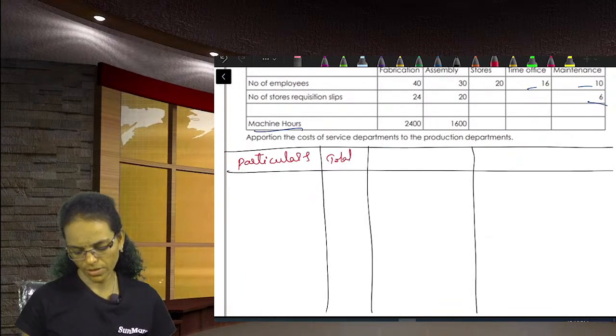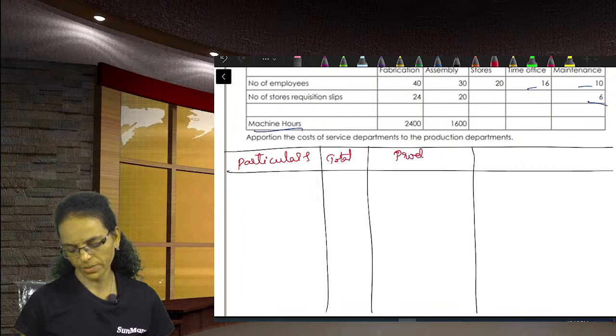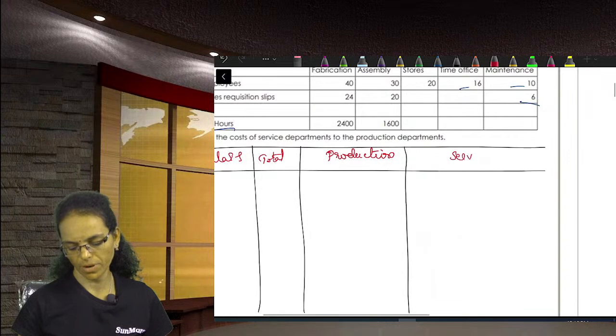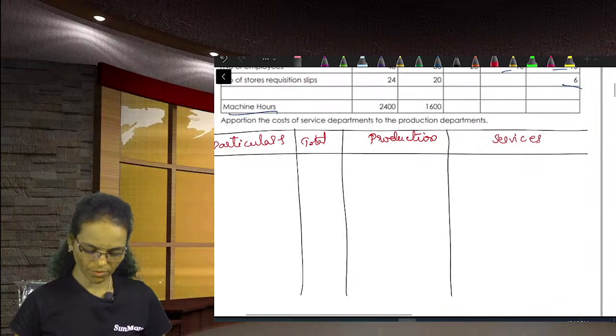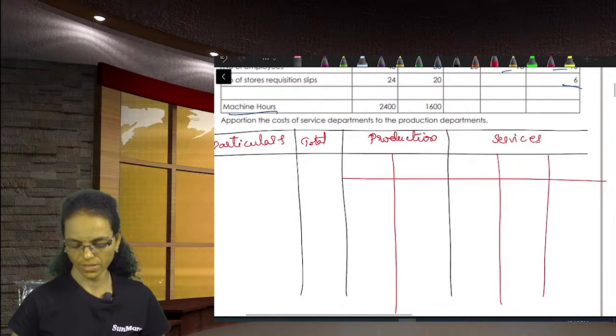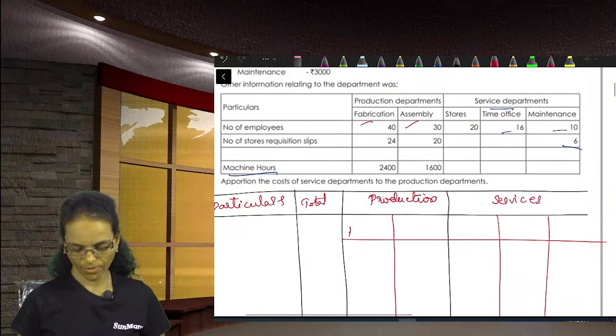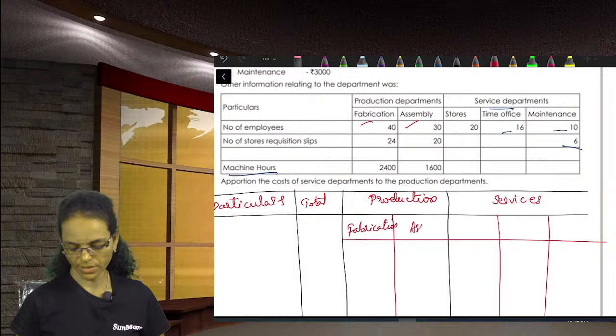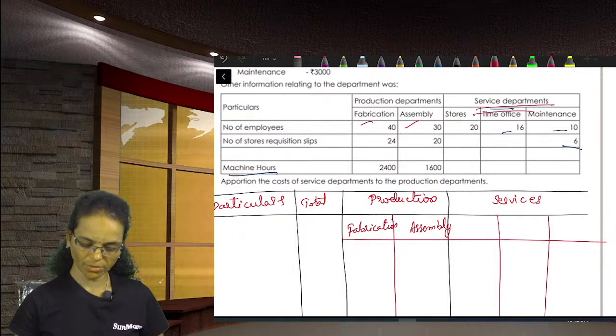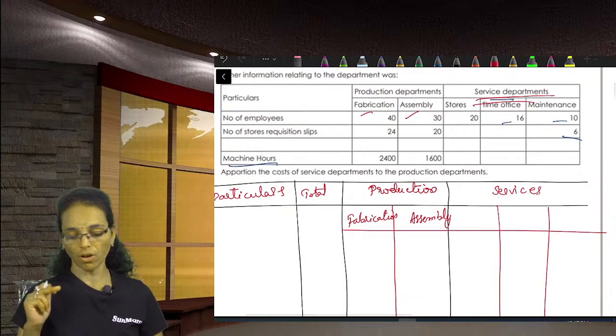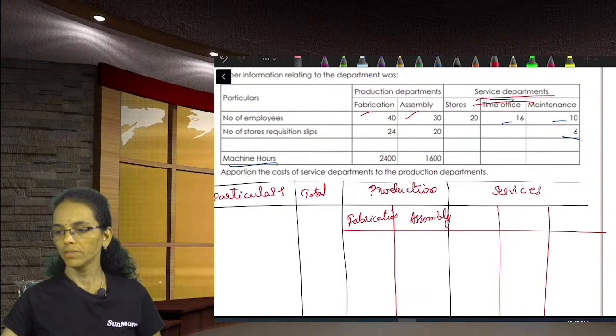This is the total, this is the production department and this is the service department. So we have 2 production departments and 3 service departments. Production departments: fabrication and assembly. Service departments: stores, office and maintenance.